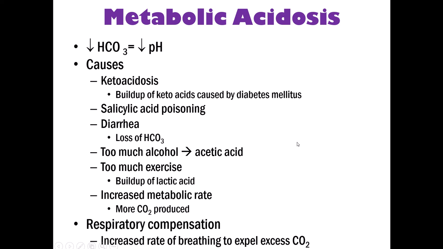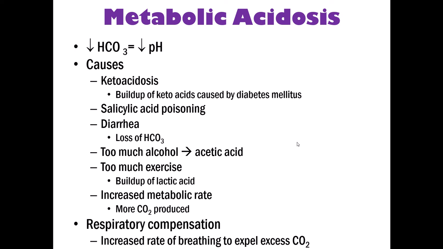Acidosis occurs when we're losing bicarbonate ions and the blood is becoming too acidic. Ketoacidosis is definitely one of the ways we can end up with acidosis. People who have diabetes mellitus, the blood sugar diabetes, if their sugar levels get too high, the sugars convert into something called ketoacids.